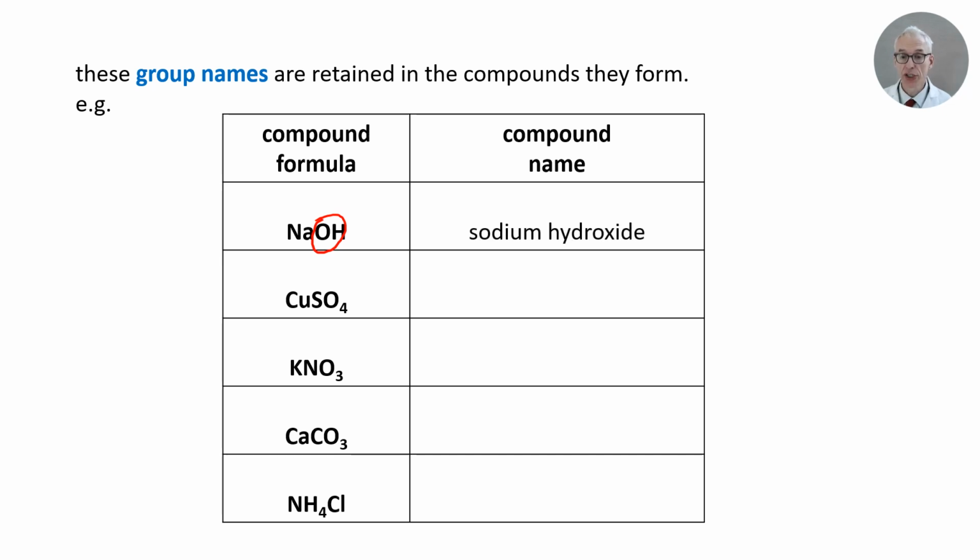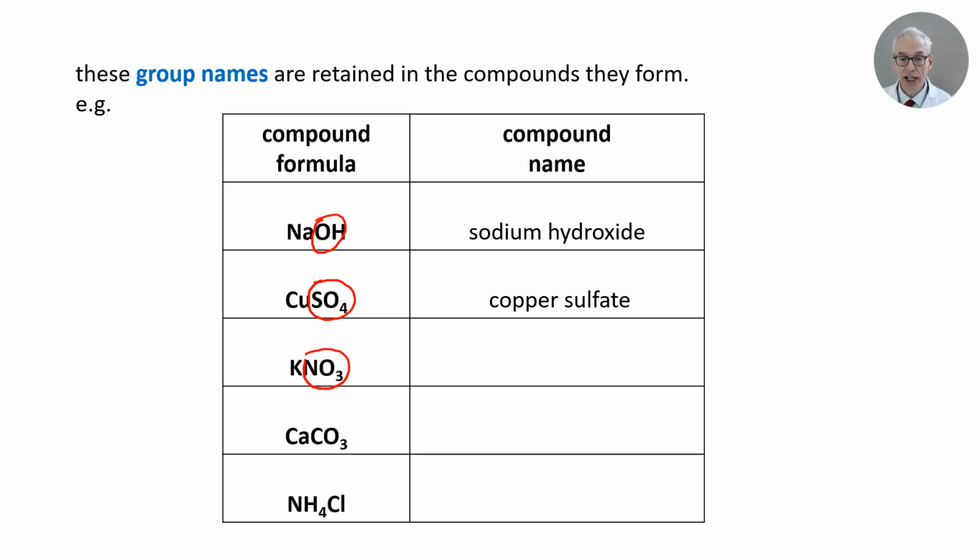So the name would be sodium hydroxide. If we look at the next example, CuSO4, we've got SO4. Well, that's a group that hopefully you will recognize. So we would call that copper sulfate. That is, the SO4 is named as sulfate. The OH is named as hydroxide.